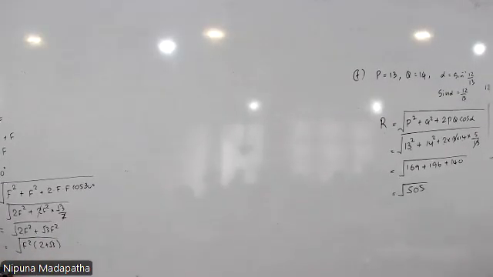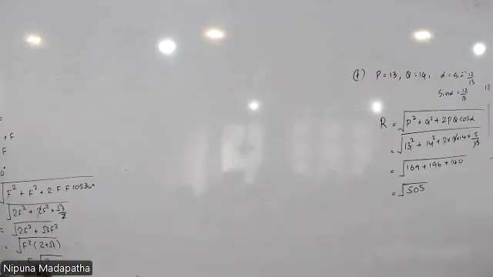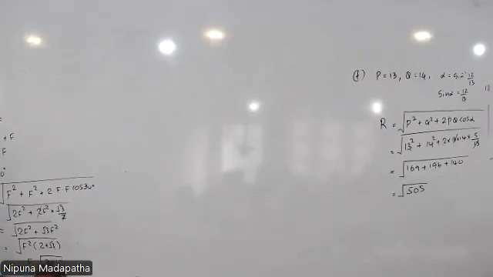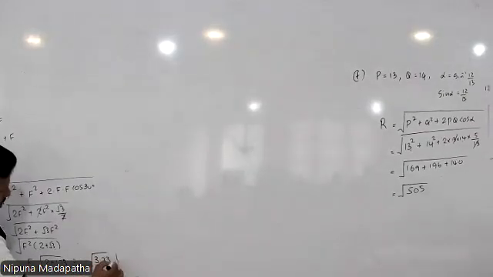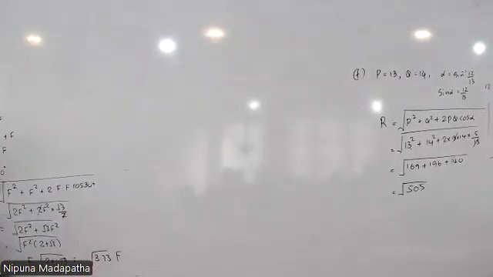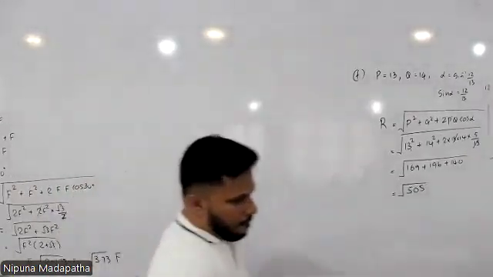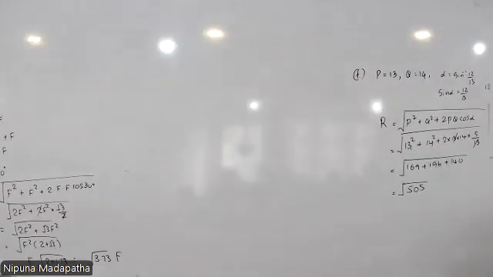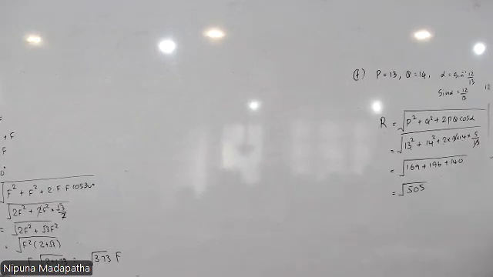So take this F squared out: F times the square root of 2 plus root 3. Root 3 is 1.73, so 2 plus root 3 is 3.73. So the answer is the square root of 3.73 times F. What is the value of the square root of 3.73?